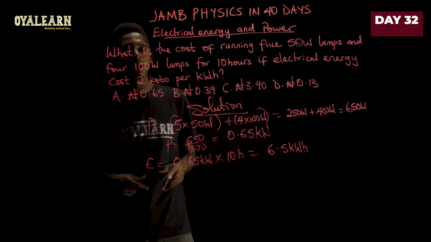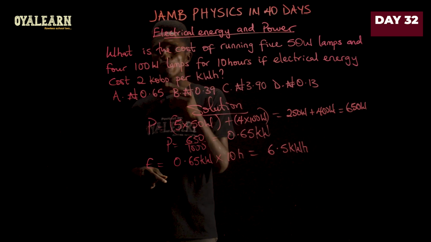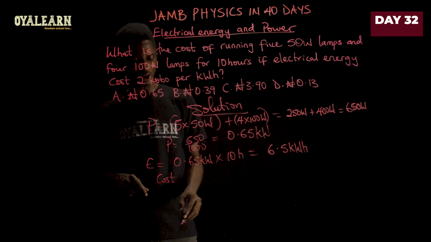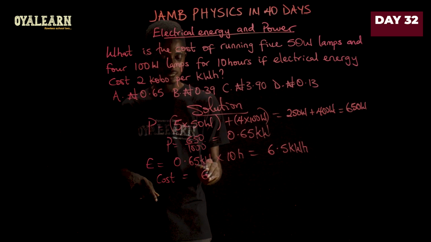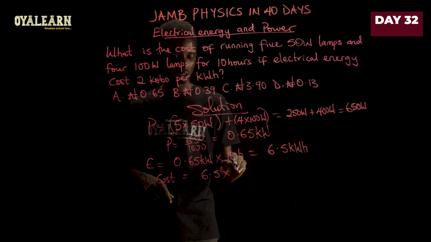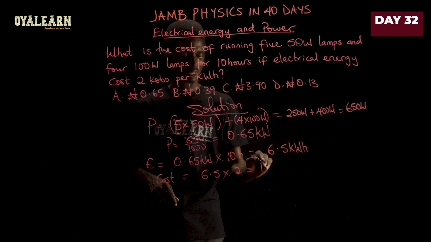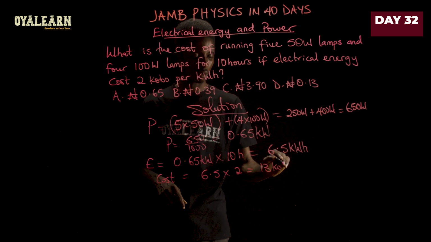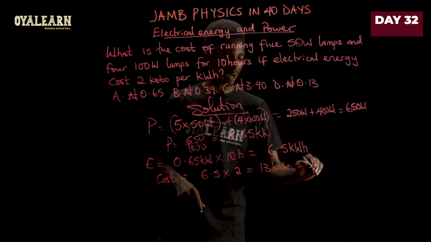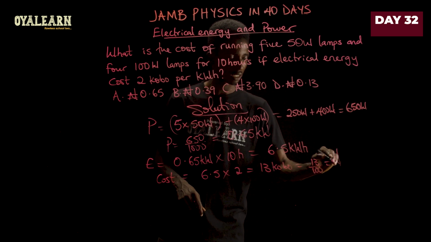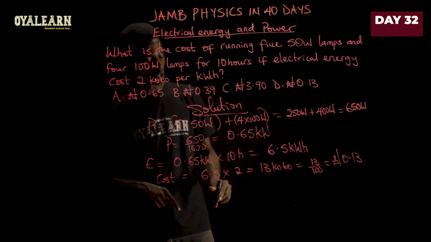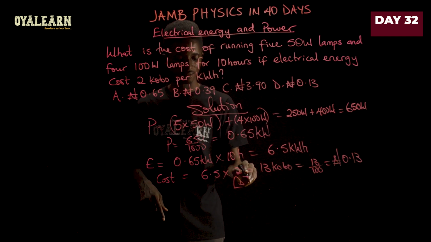And since 1 kilowatt hour costs 2 kobo, then the cost of 6.5 kilowatt hours would then be 6.5 multiplied by 2. And this will give us 13 kobo, which is basically 13 divided by 100 to give us 0.13 naira. So the correct option is D.